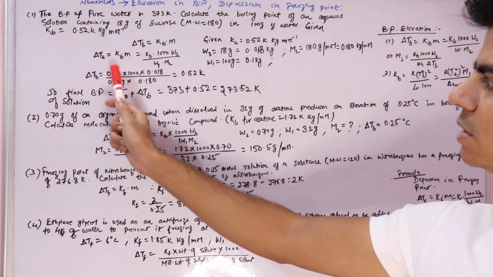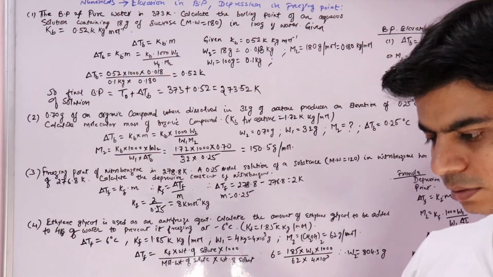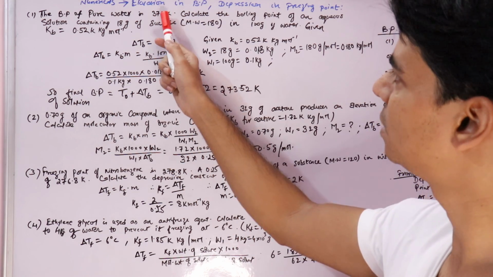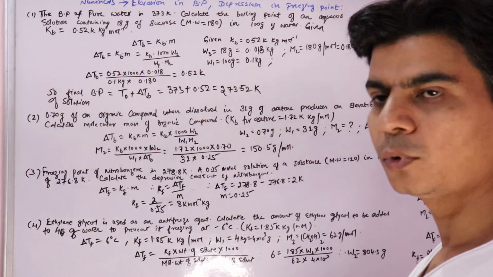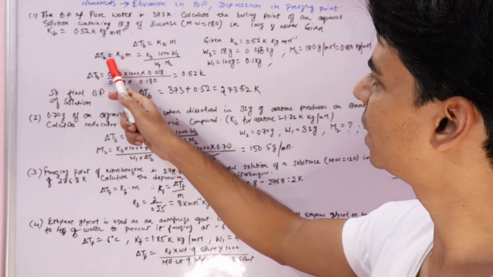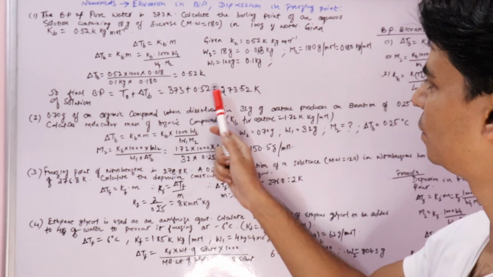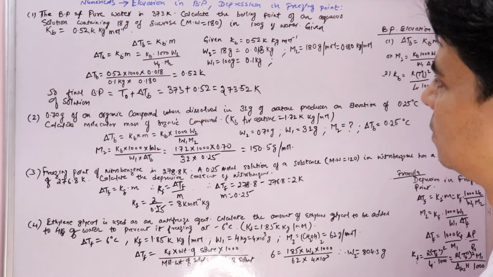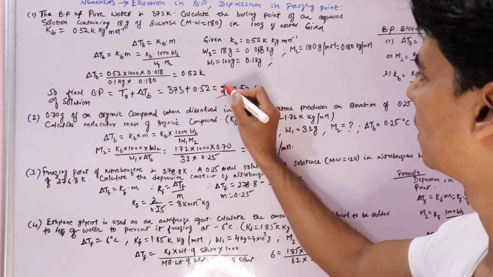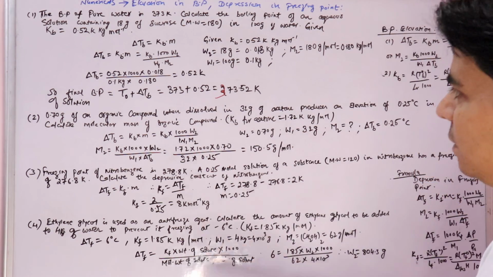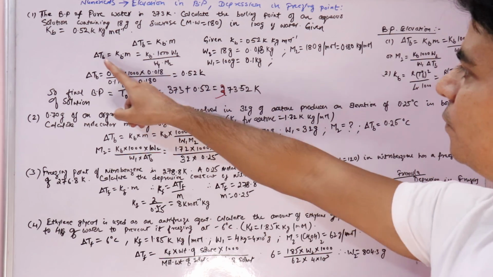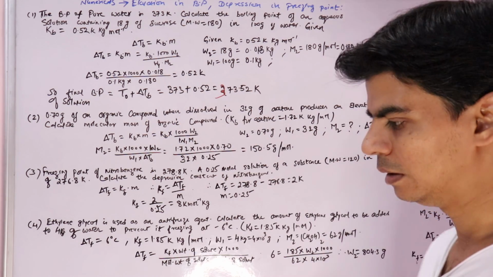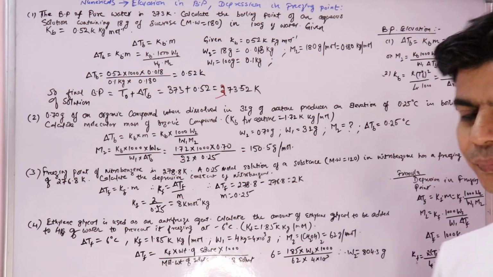Since the elevation, the boiling point that was raised, was delta TB, the original was 373, so the final boiling point would be 373 plus delta TB, which would be this much. And this increased temperature, delta TB, calculated out to be 0.52 Kelvin.